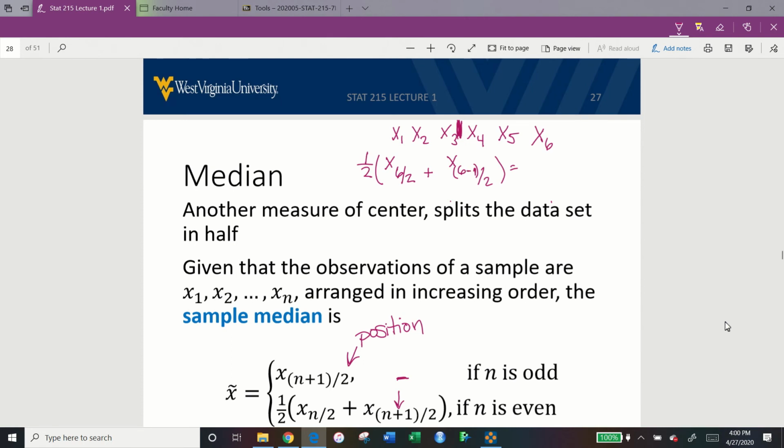Let's try that again. So this time, we will have 1/2 times the quantity of x3 plus, so 6 minus 1 would be 5. 5 divided by 2 is 2.5.